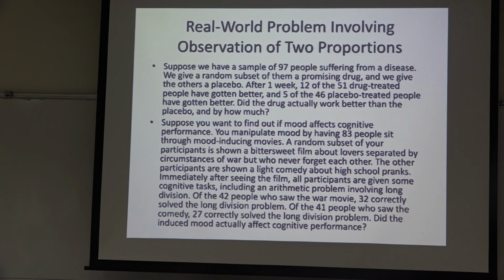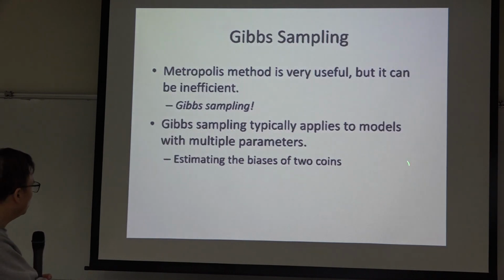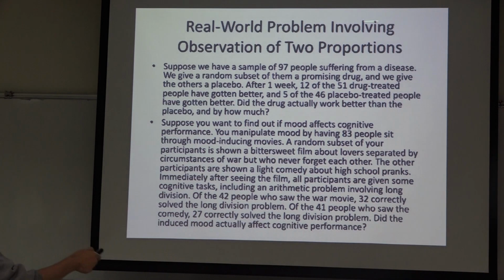Again, we want to compare the biases of these two coins. So you can see that even though we are only estimating the biases of two coins, they can be mapped into this type of real world situation.